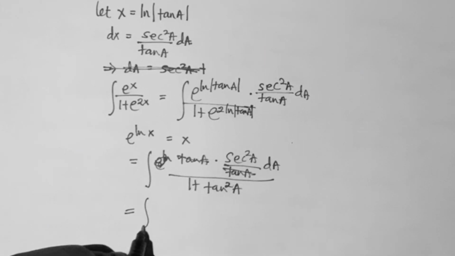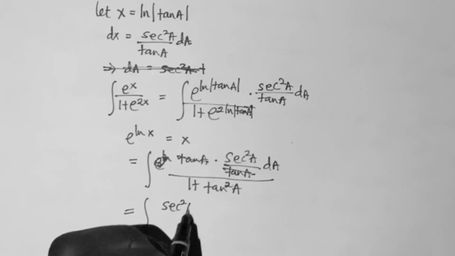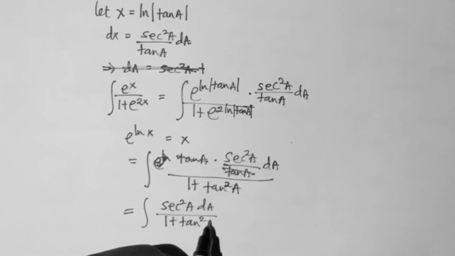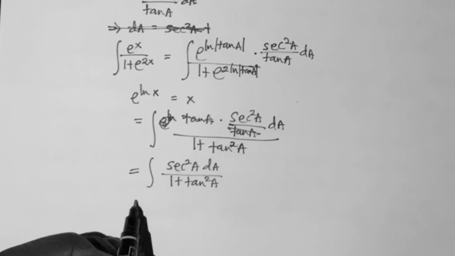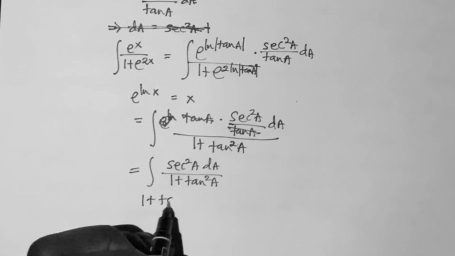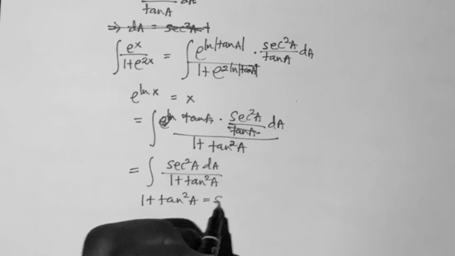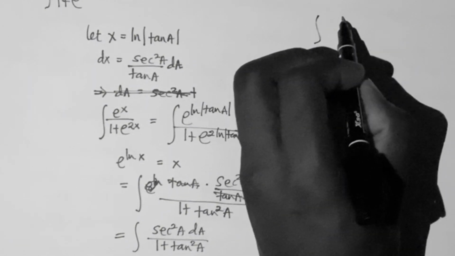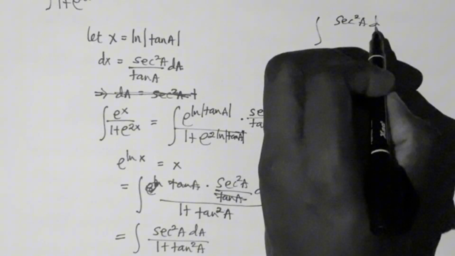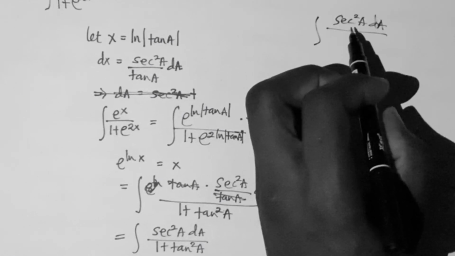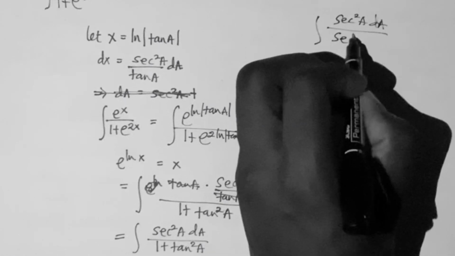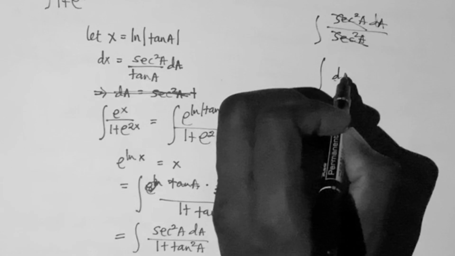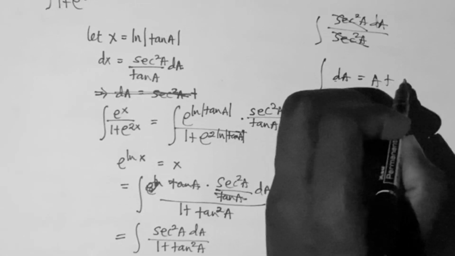So the integral becomes the integral of sec squared a dA divided by 1 plus tan squared a. Nonetheless, from trigonometric identities, 1 plus tan squared a is equal to sec squared a. Therefore, this integral becomes the integral of sec squared a dA divided by sec squared a. So the sec squared a's cancel, and the integral becomes the integral of dA, which is equal to a plus c.